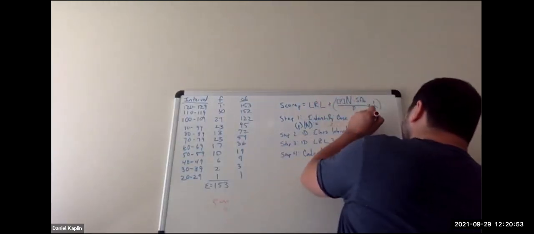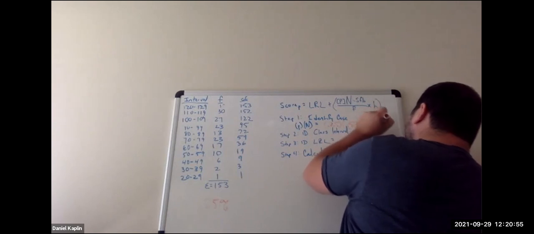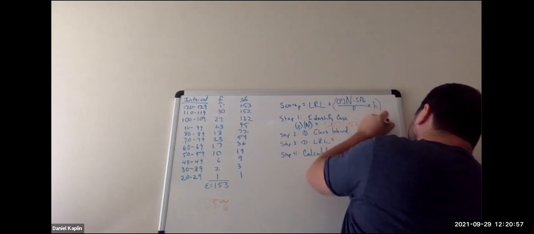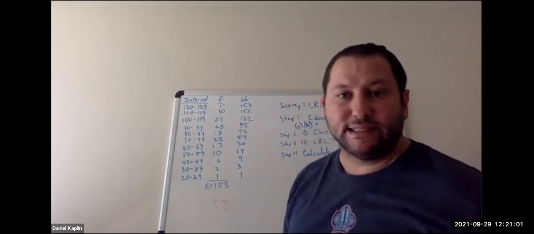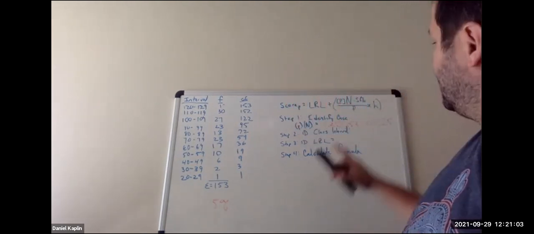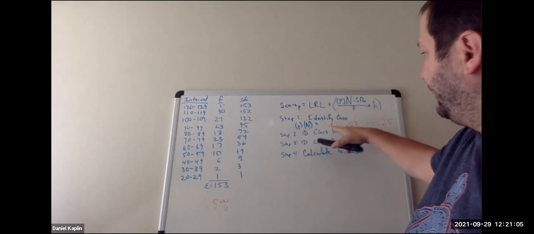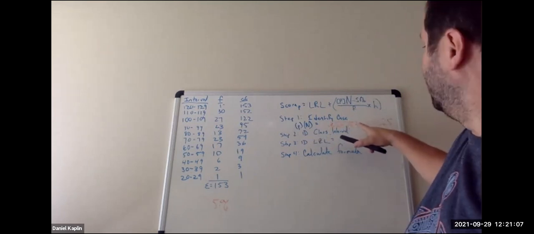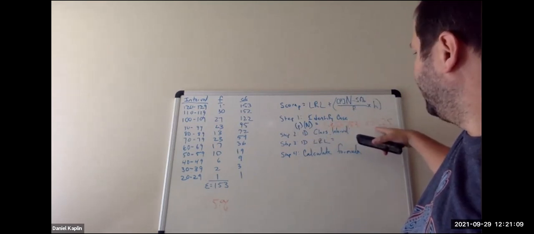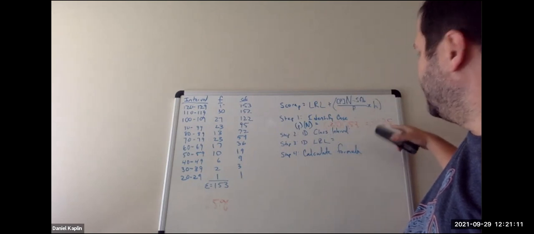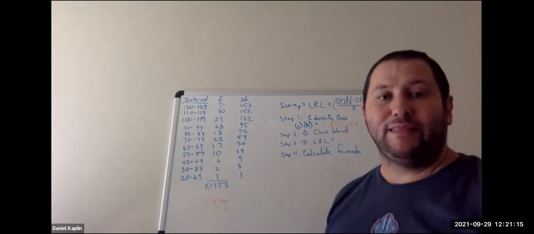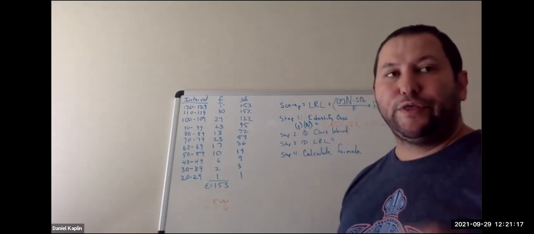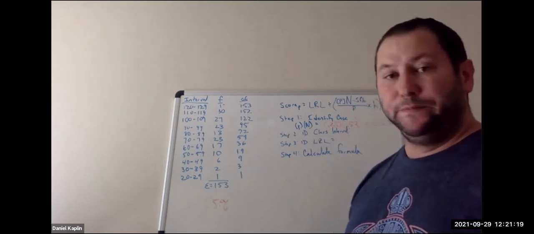So step 1 is done: 0.25 times 153 equals 38.25.